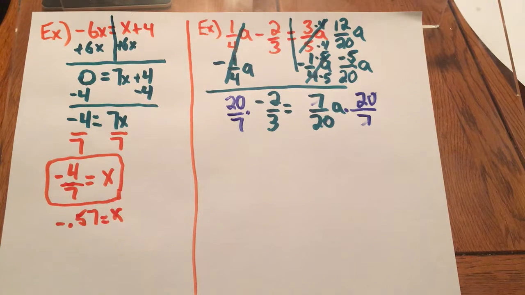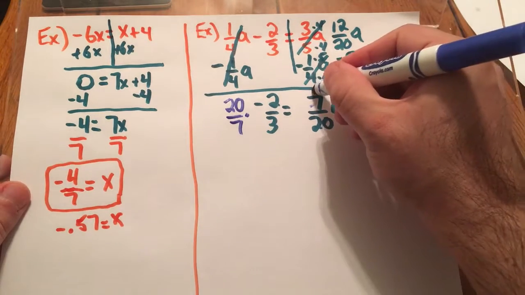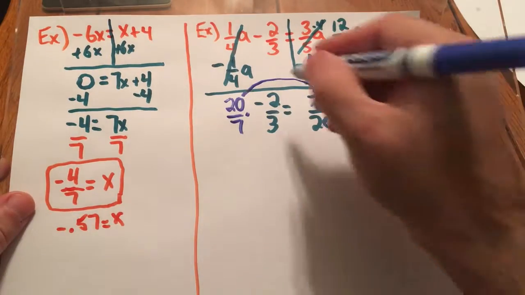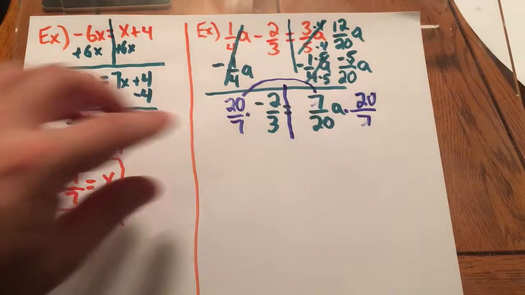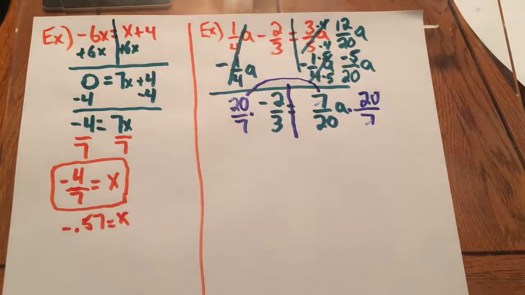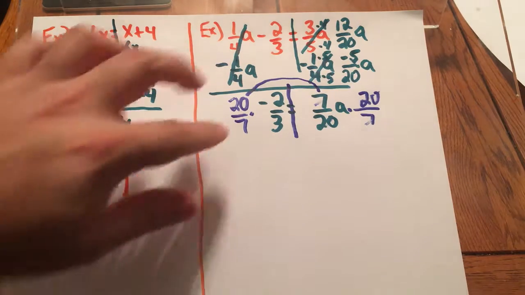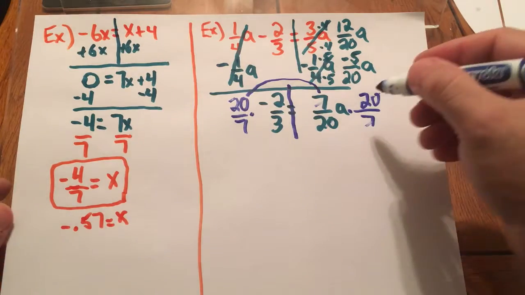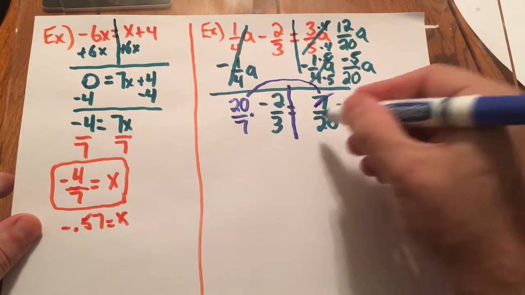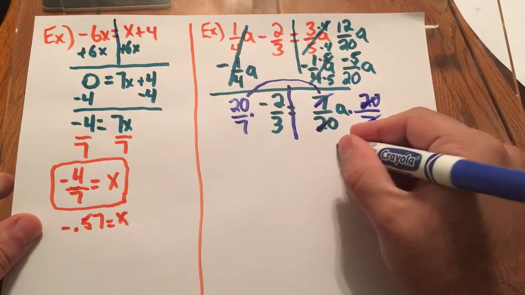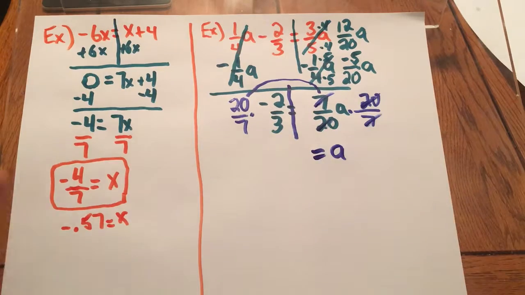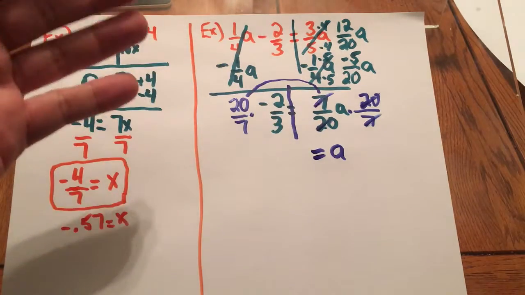Another way to think of it is you're going to take this number, throw him over the wall that we build right here on the equal sign. He lands on his head, and that's what you multiply both sides by. So now that we've got that, this will cancel this out, this will cancel this, and what we're left with is a is equal to... And now we've got to do a multiplication.